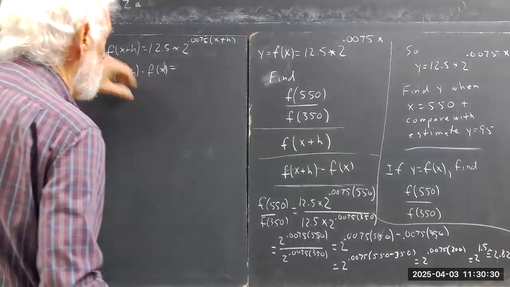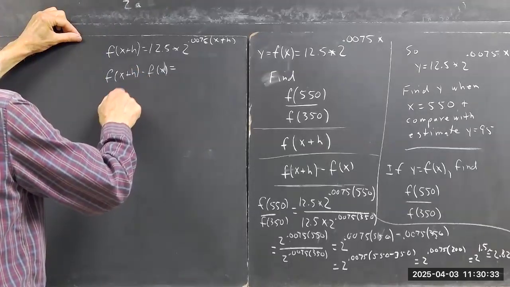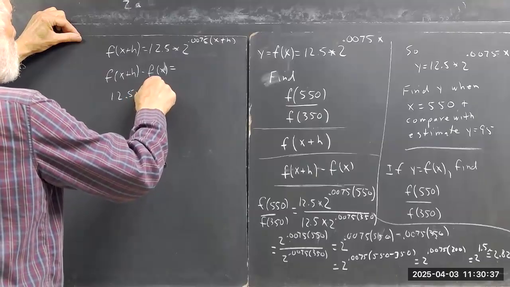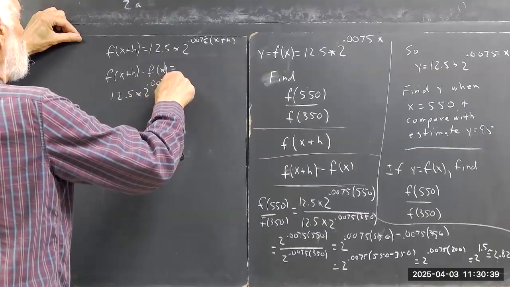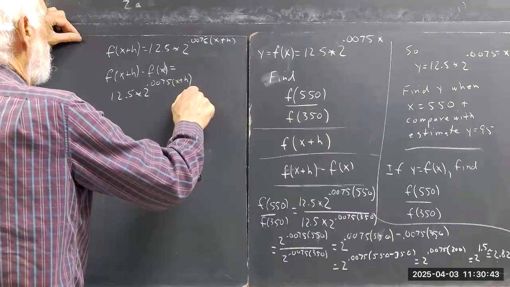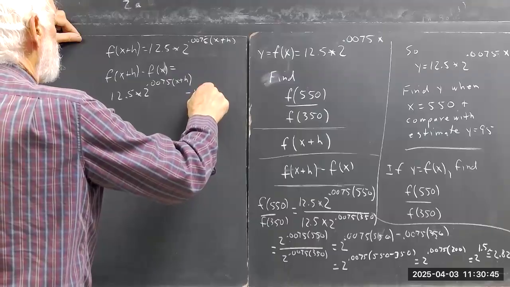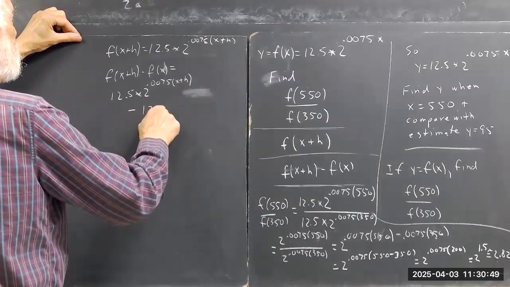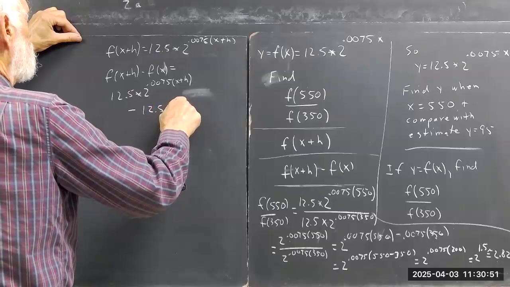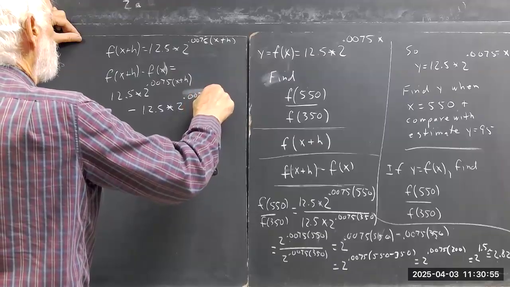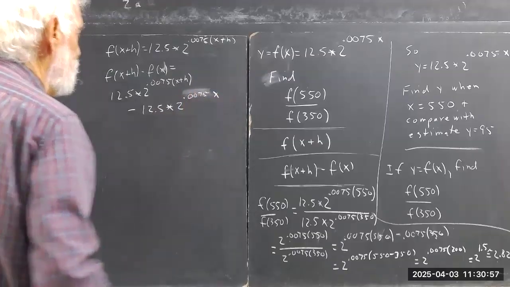f of x plus h minus f of x is 12.5 times 2 to the 0.0075 times x plus h minus 12.5 times 2 to the 0.0075 x.